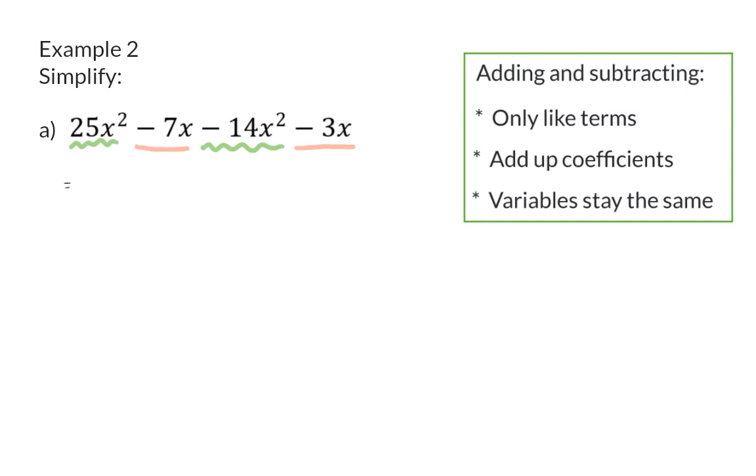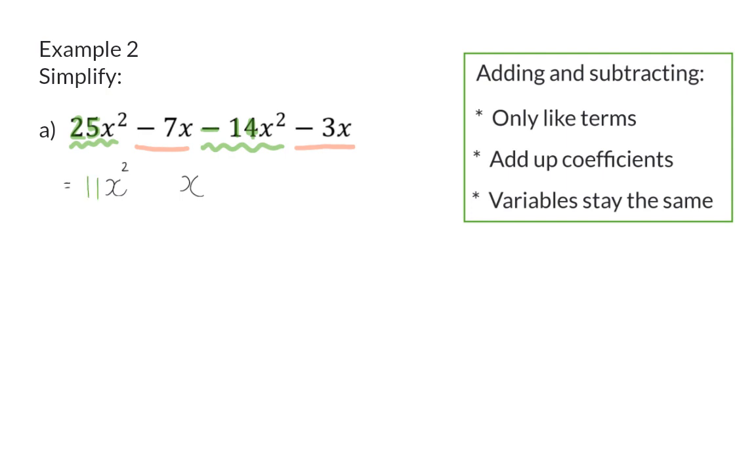So we need to determine how many x squares we have and how many x's we have. For the x squares, we are going to have a look at the coefficients of 25 minus 14, and that means we will have 11 x squares.